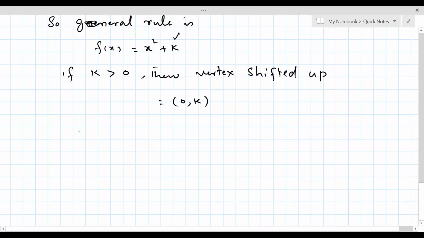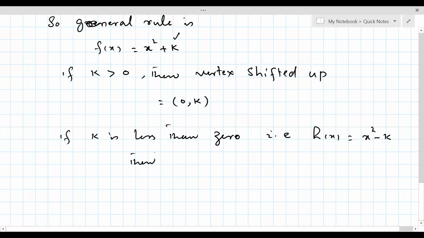If k is less than 0, then for h of x equal to x square minus k, the vertex would be equal to 0, minus k.